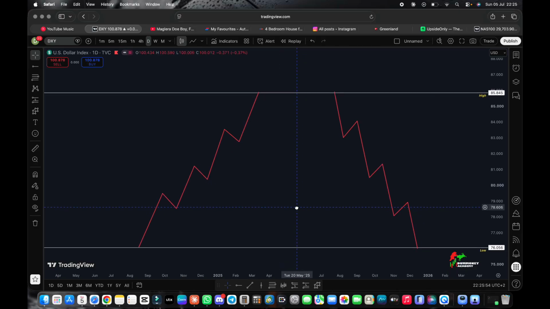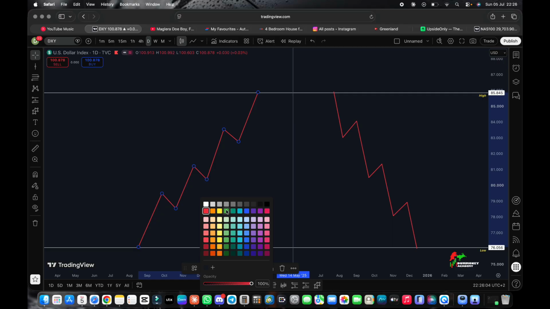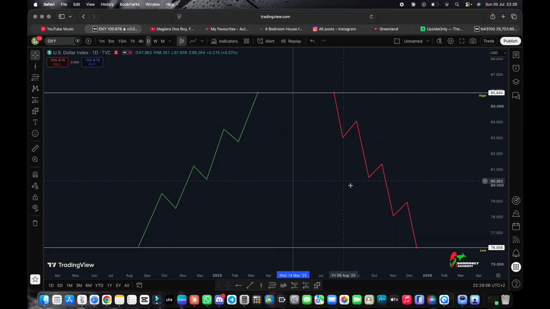So we're gonna be looking at this model, right? Let me just change the colors here and make this green, and then this is red. So we're gonna be looking at the green model, right?